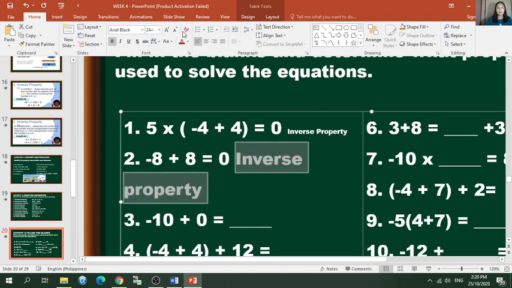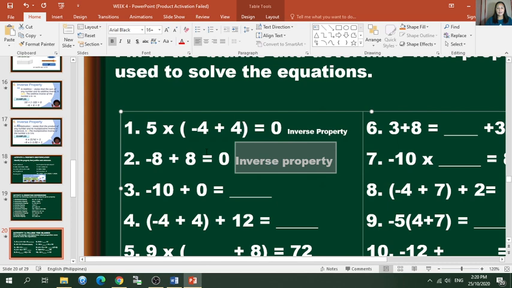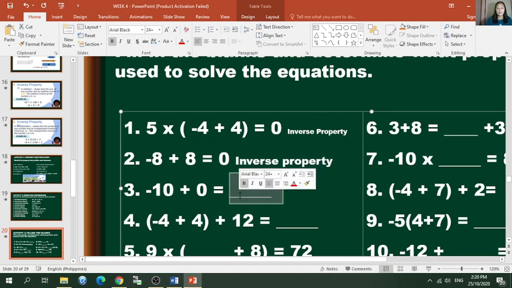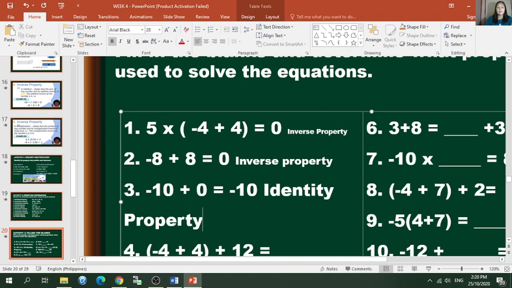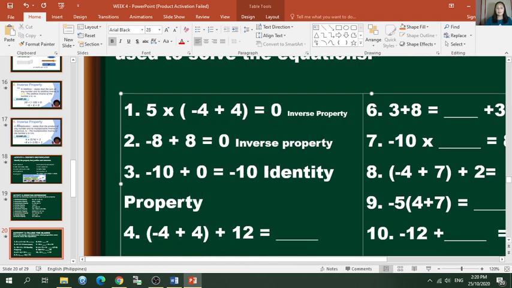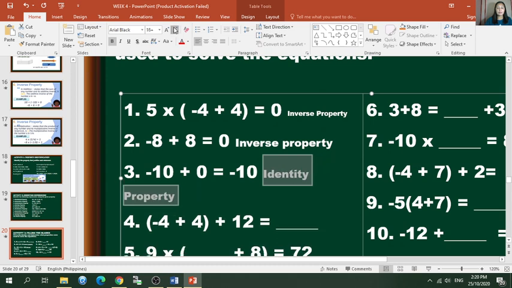How about in number 3? Any number added by 0 is its identity, that is negative 10. So you can have identity property.